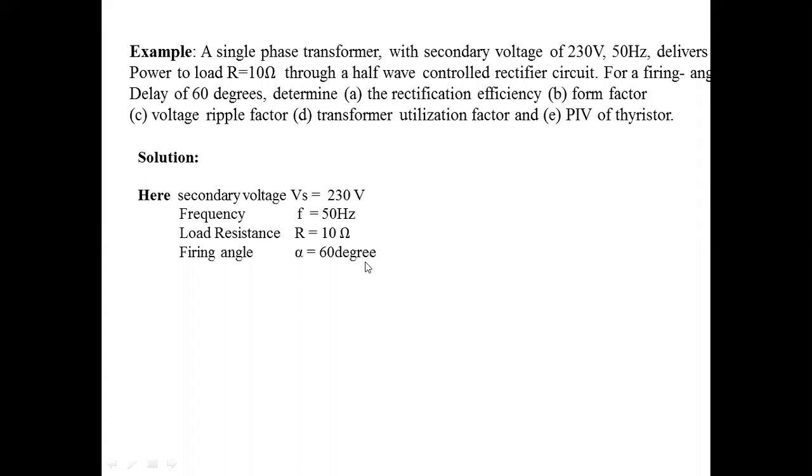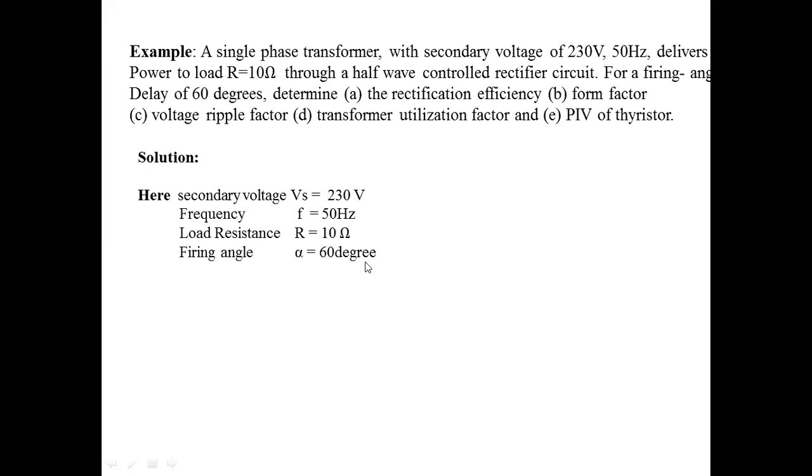Here, the firing angle delay for the thyristor, alpha, is 60 degrees. Determine A, the rectification efficiency, B, the form factor, C, the voltage ripple factor, D, the transformer utilization factor TUF, and E, the peak inverse voltage of the thyristor. These are the problems for the resistive load of a single phase half controlled rectifier.